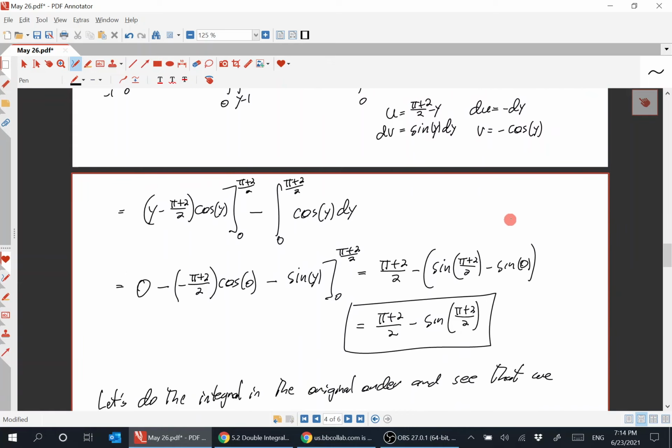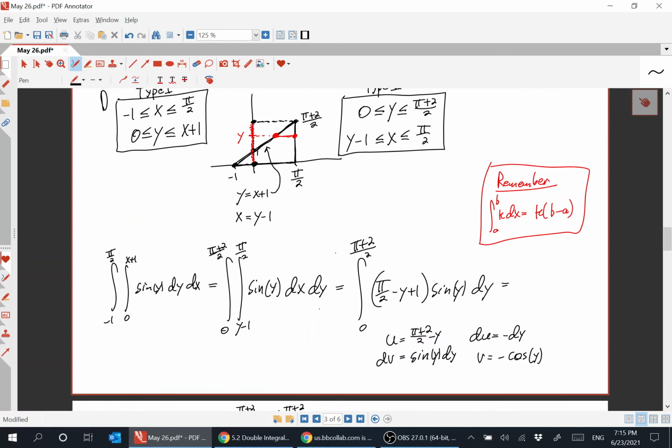All right. So at pi plus 2 over 2, this is 0, minus 0 minus pi plus 2 over 2 cosine 0, which is 1. Antiderivative of cosine is sine. Oh, I see what I did.